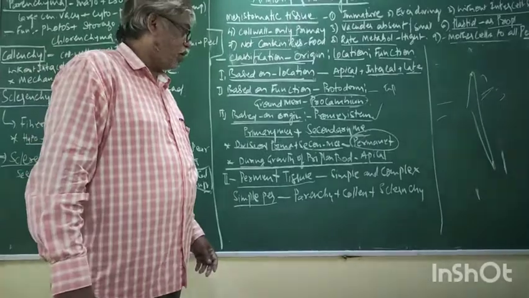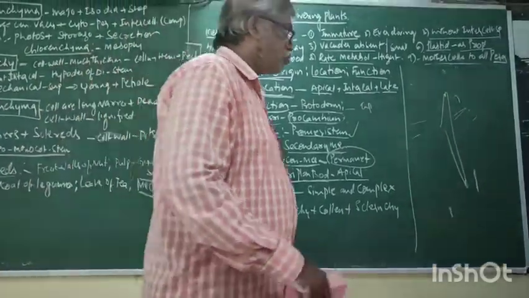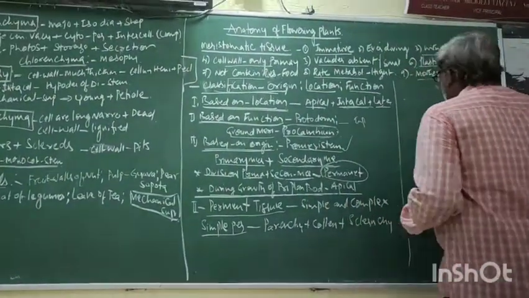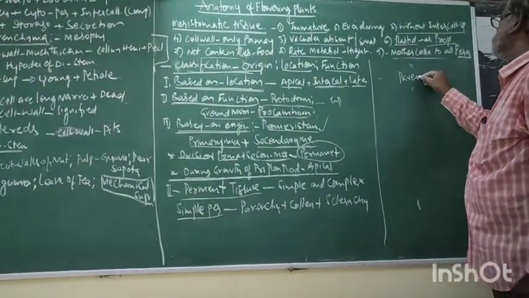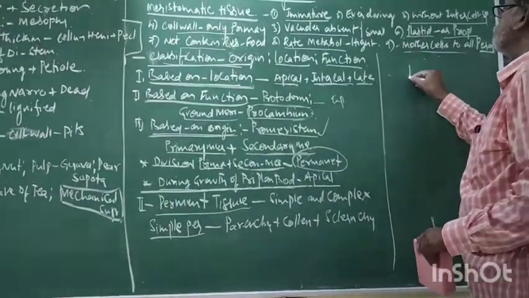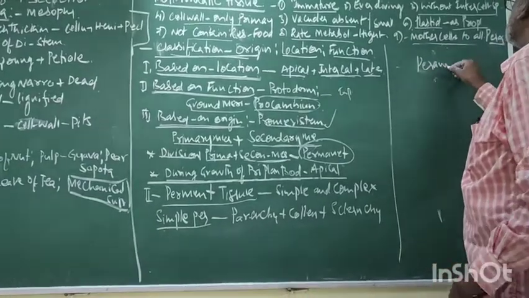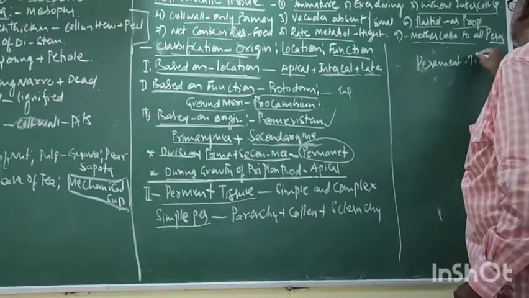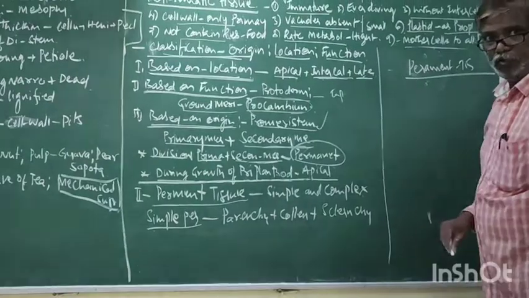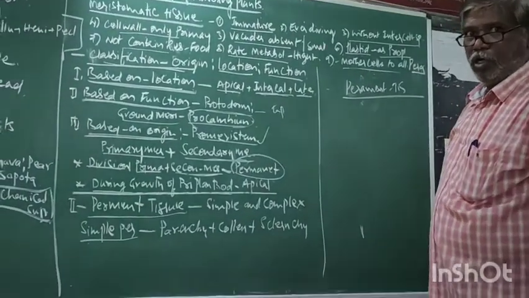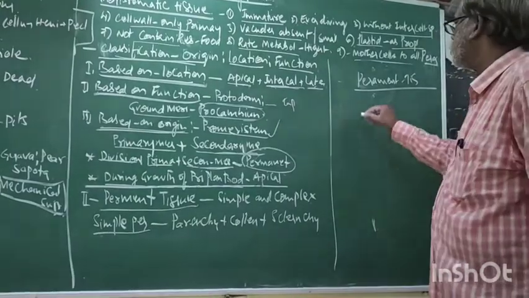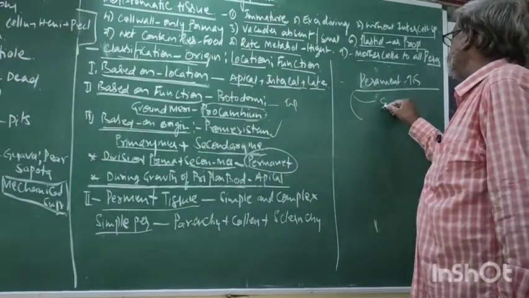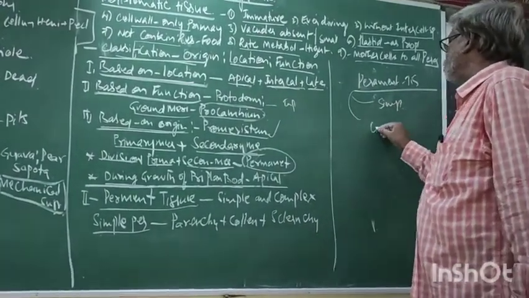Now come to the permanent tissue. The permanent tissue never undergoes division. Based on its components, it is simple or complex.